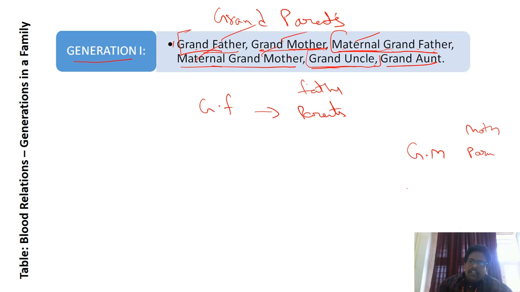Any male relative who is a sibling of your grandparents is a grand uncle. Let's say grandfather's brother or grandmother's brother is a grand uncle. Similarly, grandfather's sister or grandmother's sister is a grand aunt. So male siblings of our grandparents are grand uncles and female siblings are grand aunts. Clear? So this is about the elders, that is generation one.